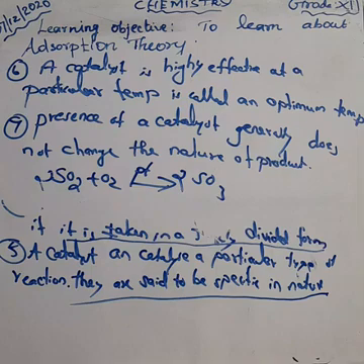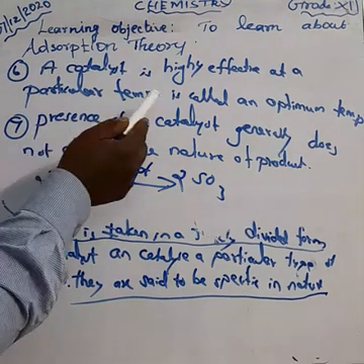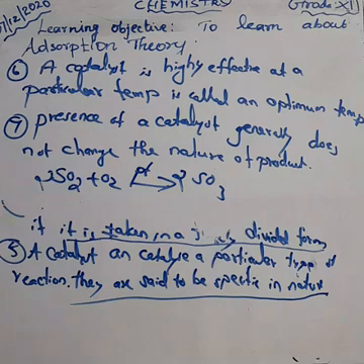What is the next point? A catalyst is highly effective at a particular temperature, which is called an optimum temperature. The presence of catalyst generally does not change the nature of product.